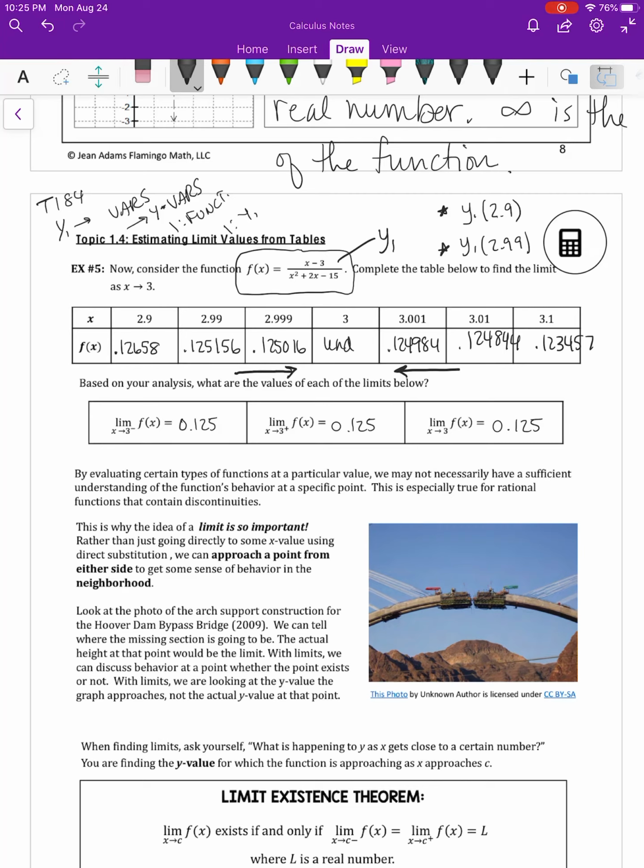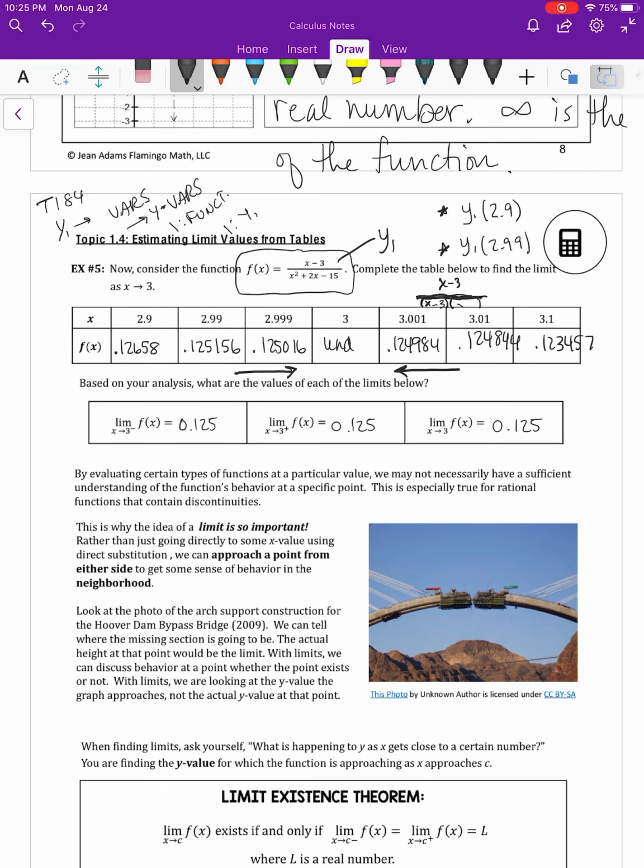So that tells me that this probably was something that factored in the denominator, and my x minus 3's canceled, and that is a hole. Remember, when there's a hole, that's a removable discontinuity, and as long as it's removable and not a jump, you are going to have a hole there, and you're going to have a limit that exists.